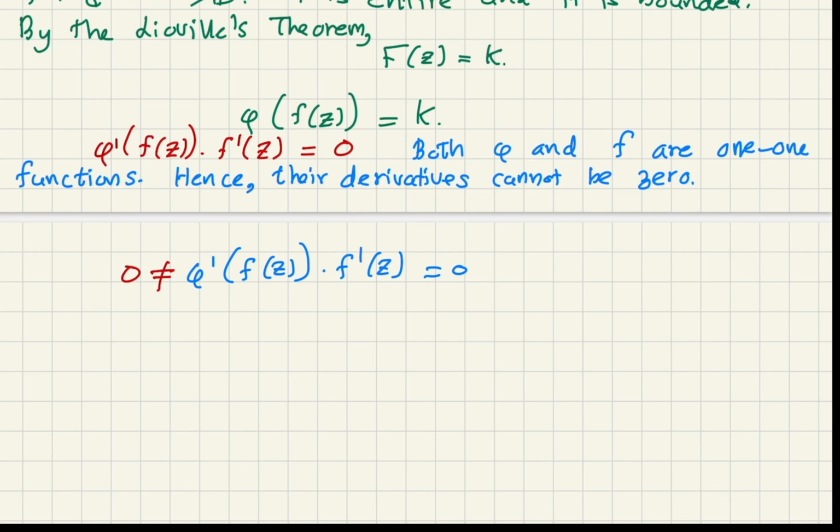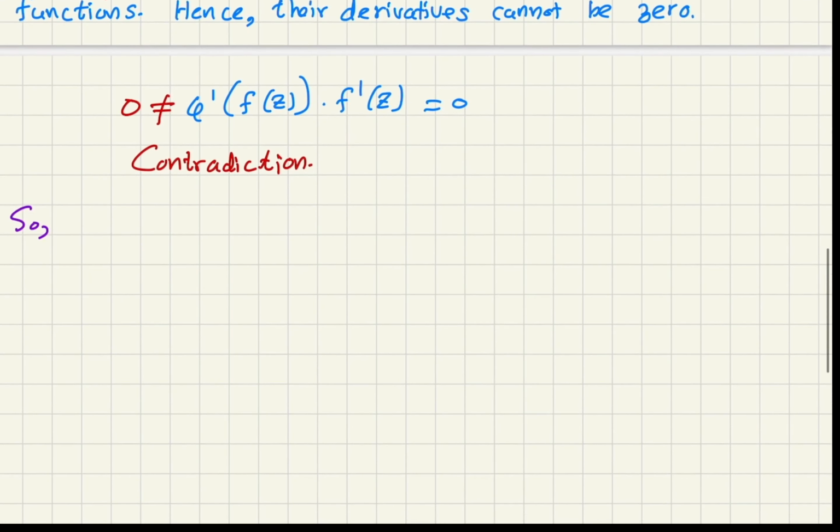This is a contradiction. So there cannot exist a conformal map from the complex plane to the upper half plane. So C and H are not conformally equivalent.